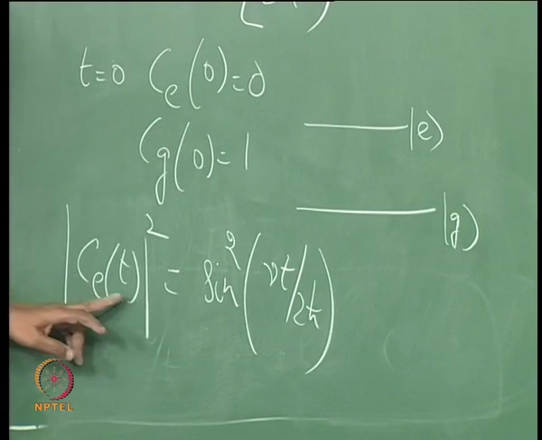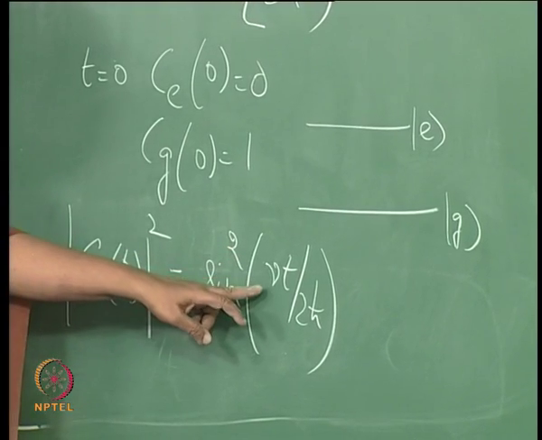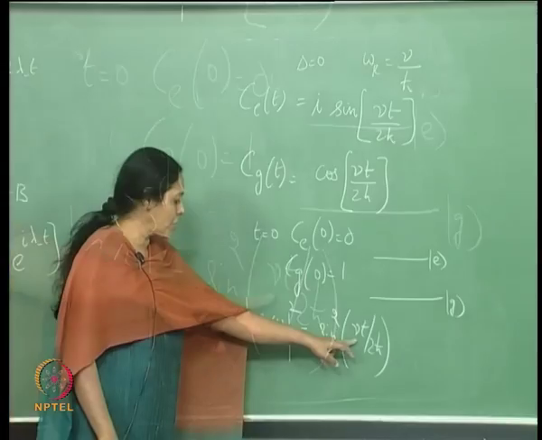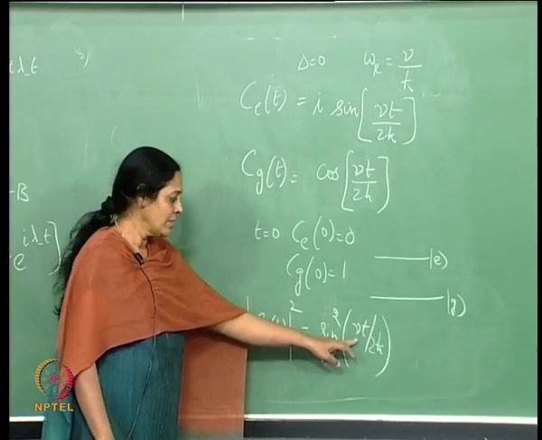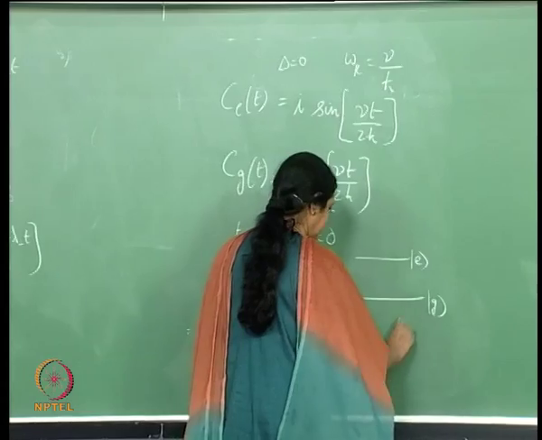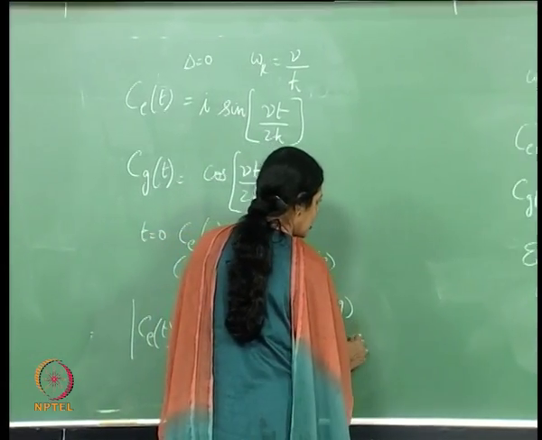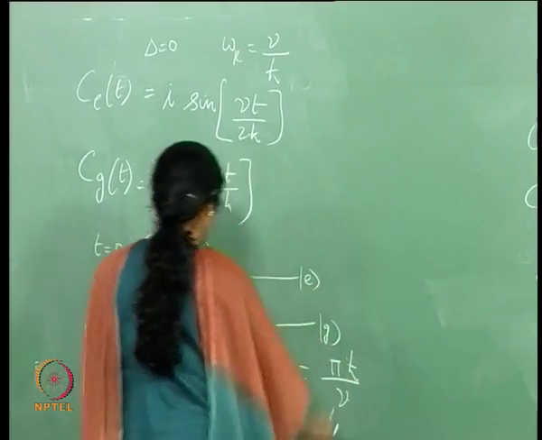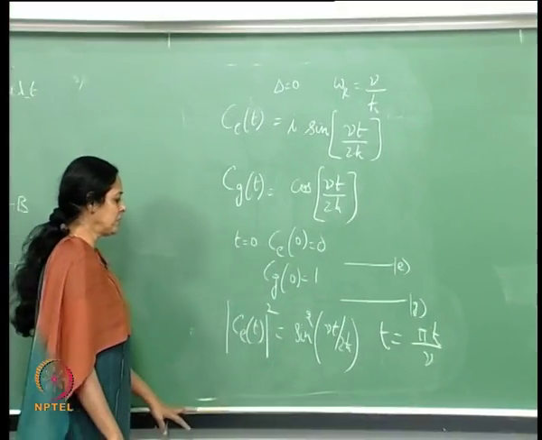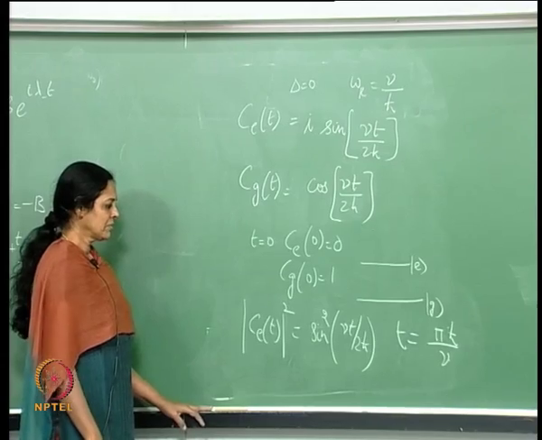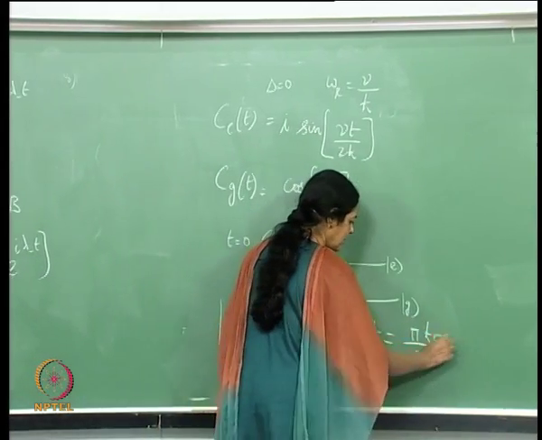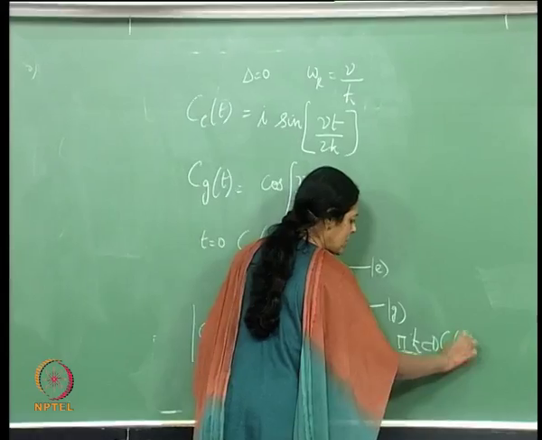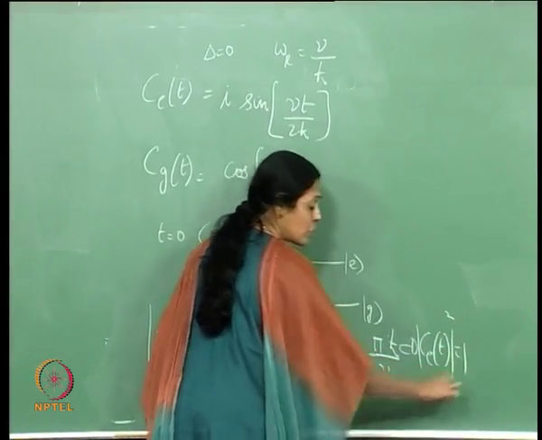And this is interesting because surely when sine squared nu t by 2h cross takes a value unity, which it does for t equals pi h cross by nu, then Ce of t mod square equals 1.